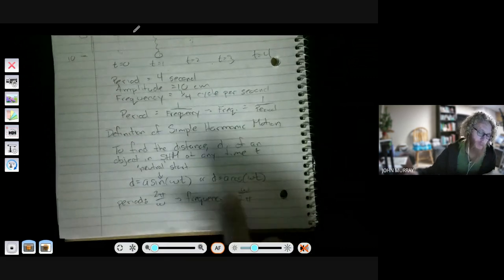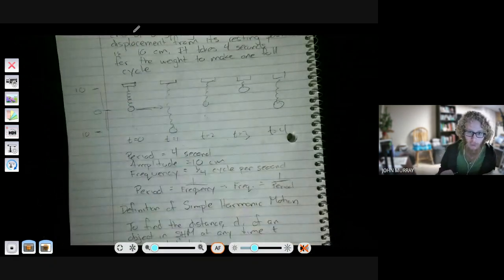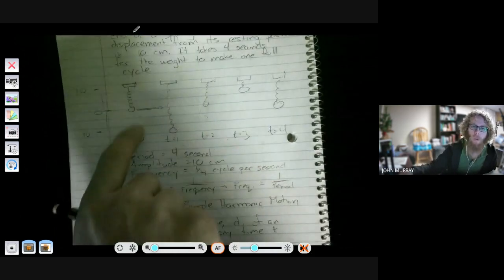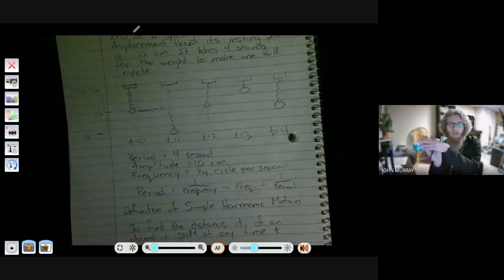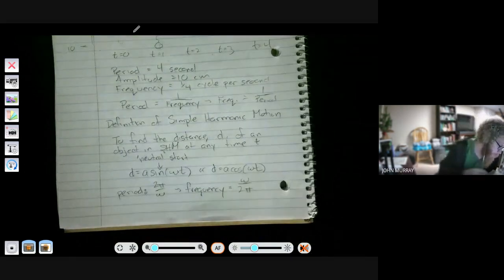I would use the cosine if I'm starting at one of my maximums or minimums. So say the problem started off, well, we push the spring back all the way at time equals 0, and then we let it go. In that case, we would use cosine.